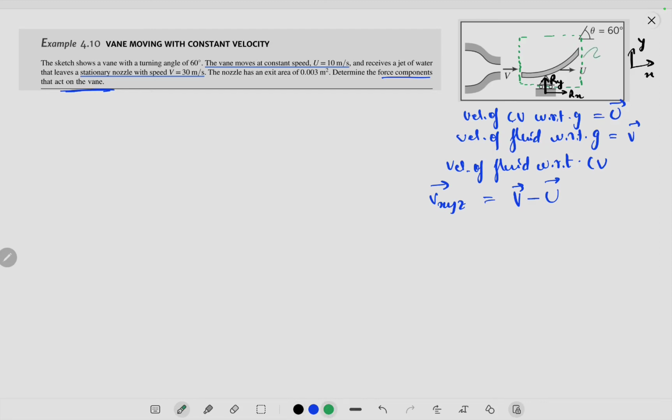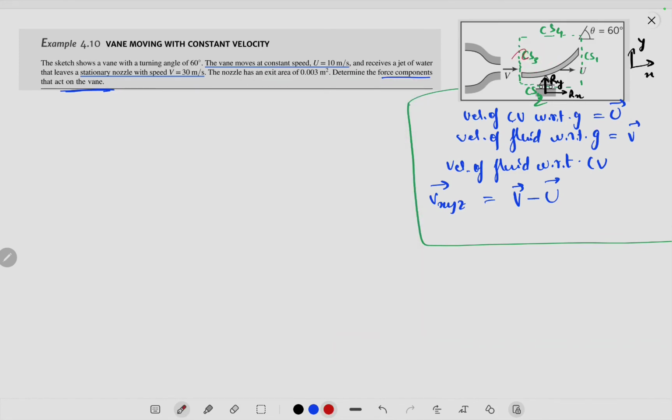Let's define the control surfaces as CS1, CS2, CS3, and CS4.